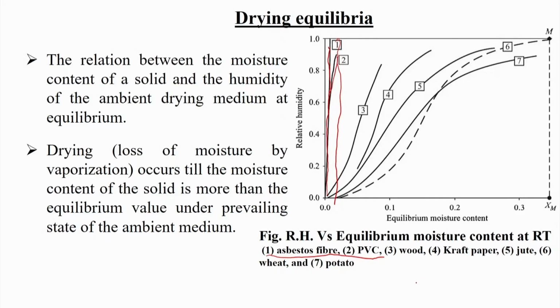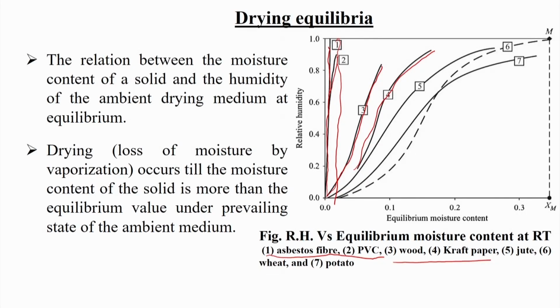But whenever we talk about wood and craft paper, the equilibrium moisture content increases gradually with the relative humidity. If we go on increasing the relative humidity of the drying medium, the equilibrium moisture content will go on increasing.